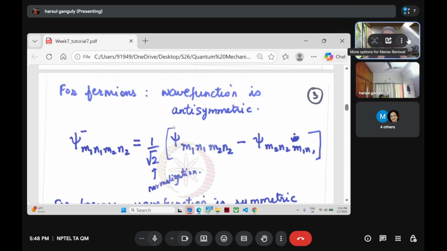The wave function always has to be antisymmetric, just like fermions follow Pauli's exclusion principle. So it is like a rule, and you can prove this. It can be proved that for a fermion the wave function will be antisymmetric, while for a boson the wave function will be symmetric. You can look up the proof and you will find it easily.